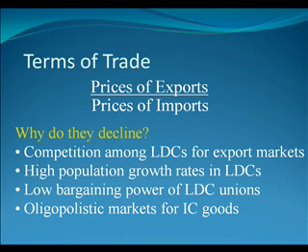Prebisch argued the reason it would do so was that there was more competition among developing countries for export markets in raw materials and commodities than there was among industrialized countries for manufactured goods, and that the high population growth rates of developing countries meant that labor was always becoming cheaper in the developing world.